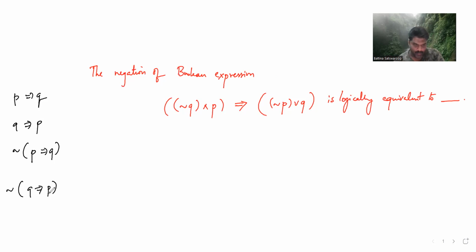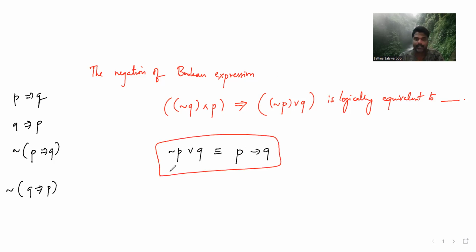So first of all, negation of P or Q is logically equivalent to P implies Q, sir. Important result. In the previous question also, if you would have applied this logic, you would have directly got the answer.